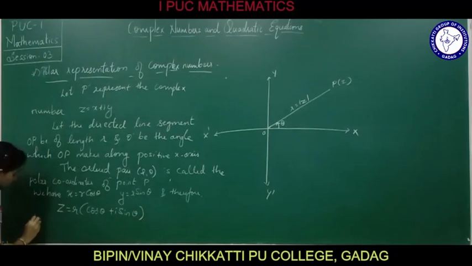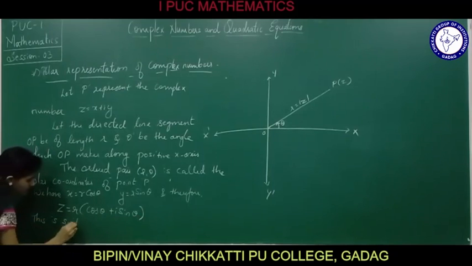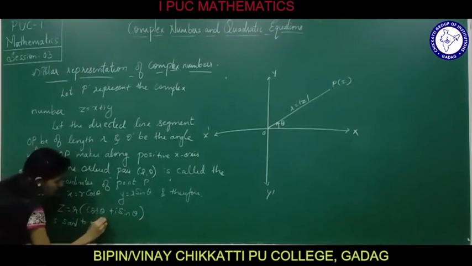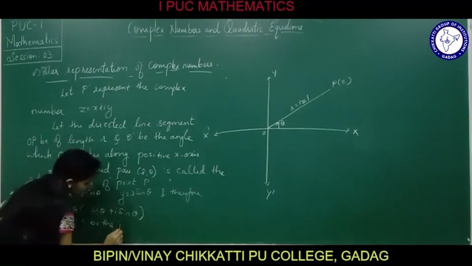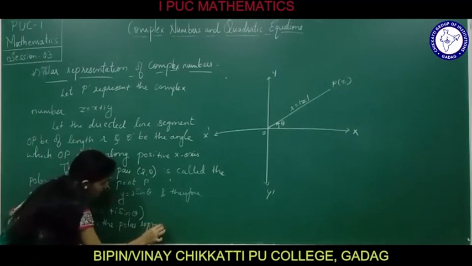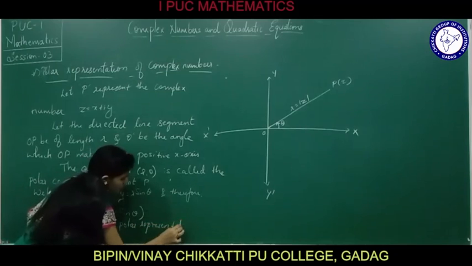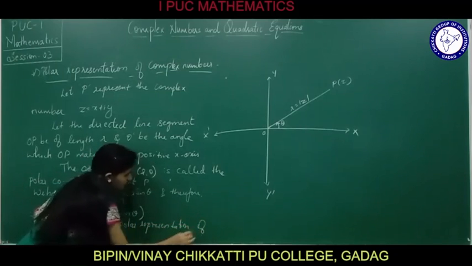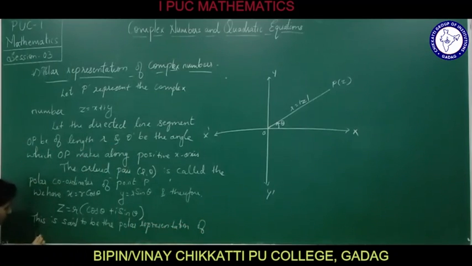This is said to be the polar representation of complex numbers.